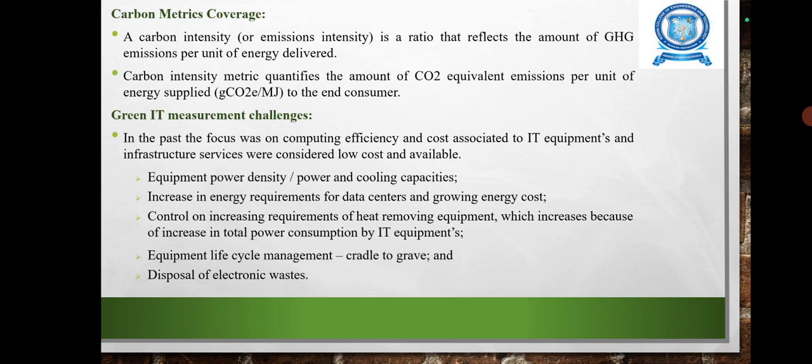The first one is equipment power density, or power and cooling capacities: increasing energy requirements for data centers and growing energy cost, and control over the increasing requirements of heat removing equipment, which increases because of the increase in total power consumption by IT equipment. Then equipment life cycle management and disposal of electronic waste.